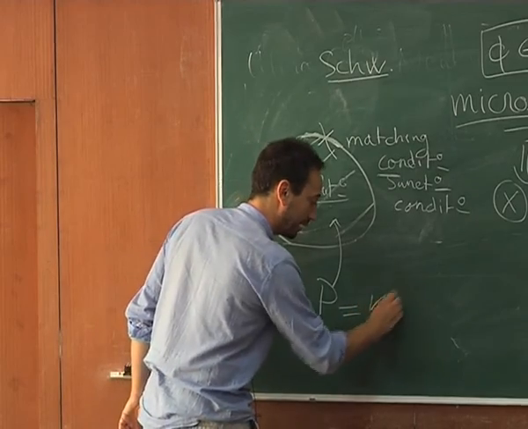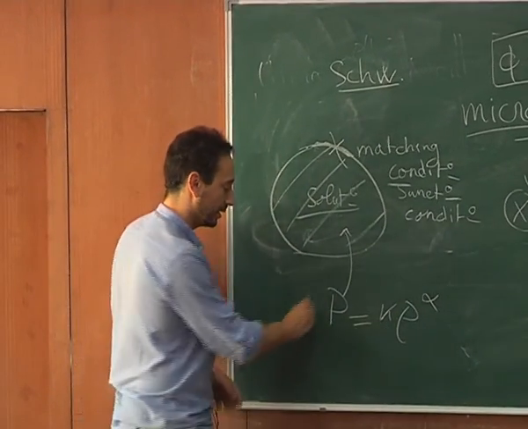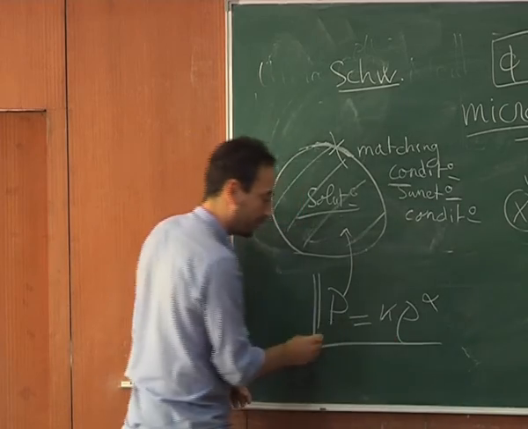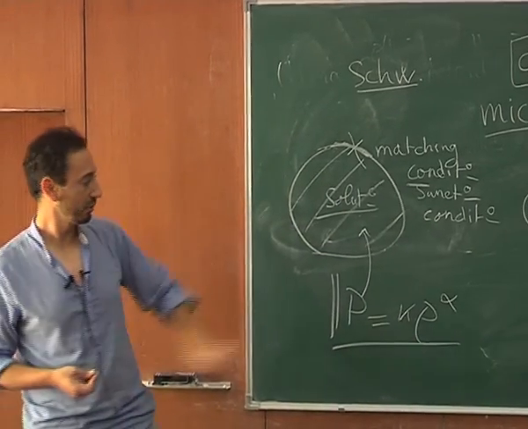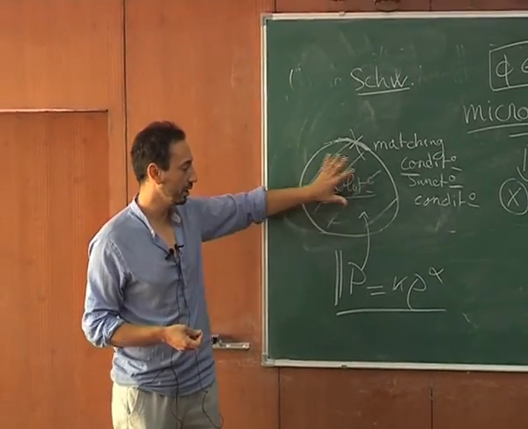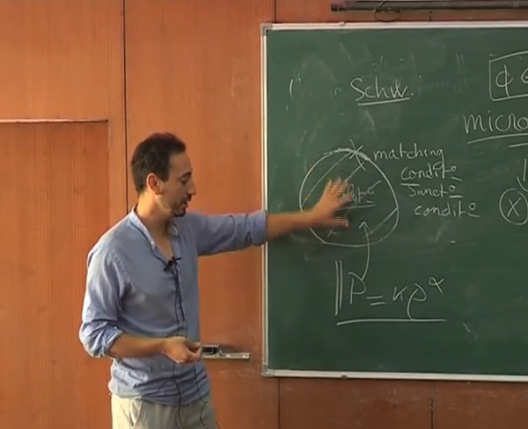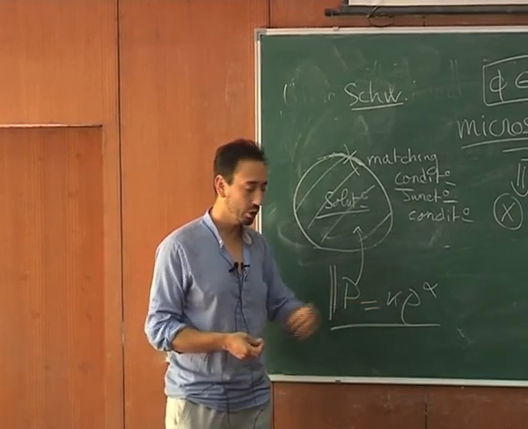For example, you can say that the pressure has this law compared to the density. And this will come from different models in particle physics, because more or less here you have high density, so people are using nuclear physics, mostly QCD, to cook up some equation of state. So you get some equation of state like that.